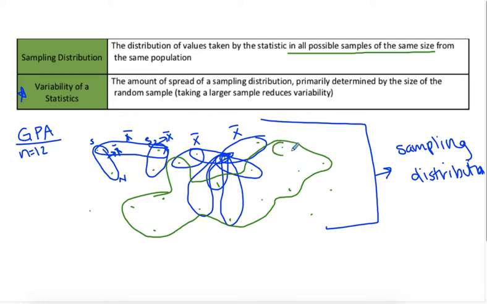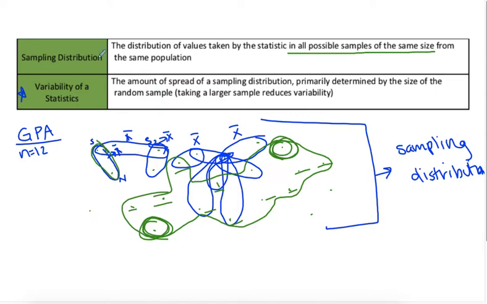Even if I have the third smartest person and the second lowest GPA, I still have all these other GPA people that will kind of lower that difference. It won't make it seem so extreme as this sample of 2 with the smartest and the not so smartest person here.